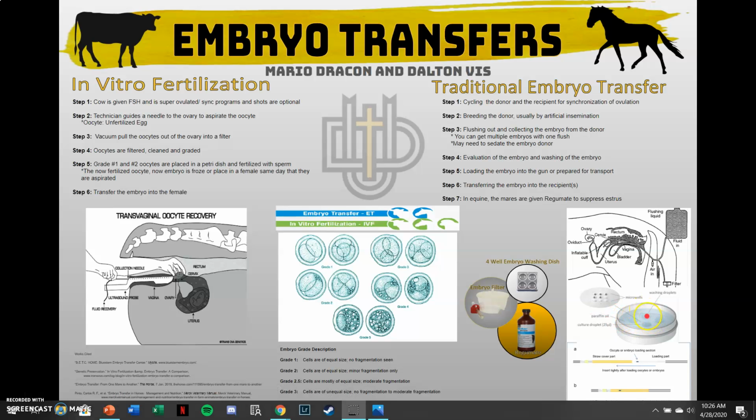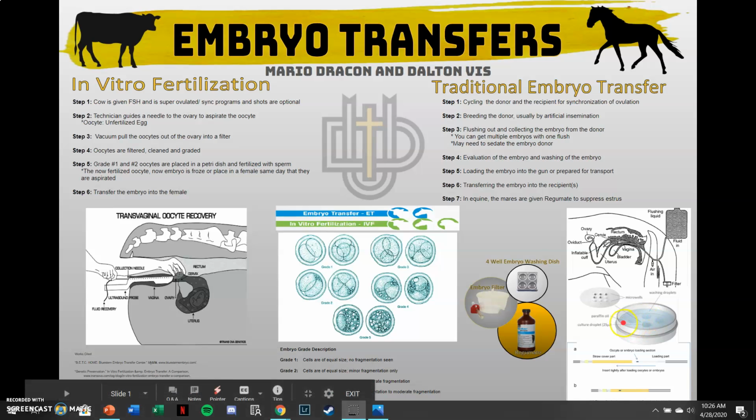And as it's being pipetted into each one of these wells, it's being washed each time. The reason for it being washed is to clean up the embryo, to make sure there's nothing that would compromise the recip's ability to take this new embryo.